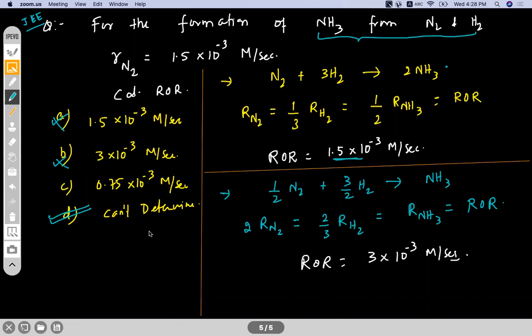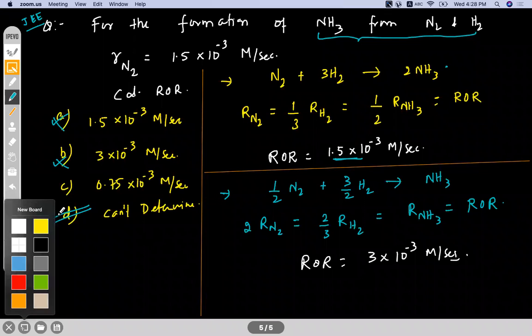Could you repeat that previous sentence? Which one? The last point. Yes. I'll repeat this. But the rate of any individual species, we can determine without knowing the rate of the reaction.